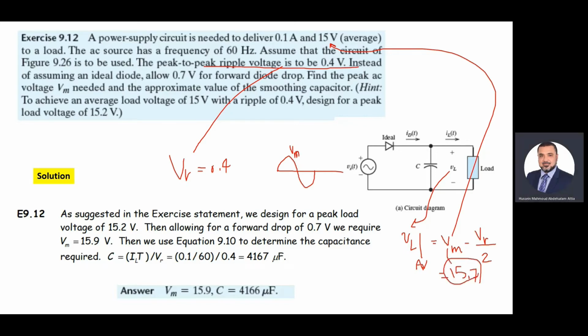And V maximum here will be replaced by 15.7 minus VR over 2. VR is 0.4. So VR over 2 is 0.2. In this case, VL average is 15.